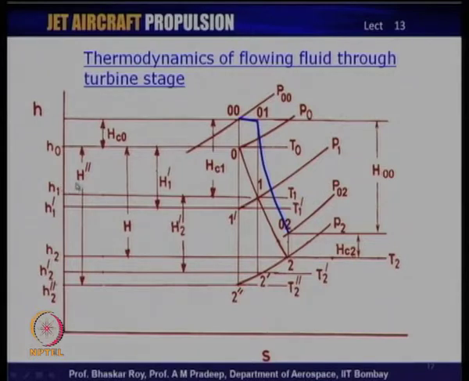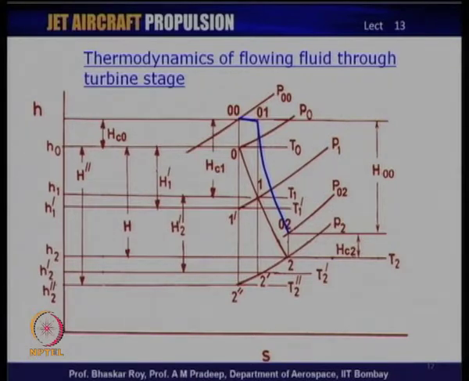Somewhere on the left you can see an h double prime, that is nothing but the isentropic work done from station 0 to station 2 double prime, that is vertically dropped from 0 to 2 double prime, and that is the thermodynamic ideal work done in an isentropic process.